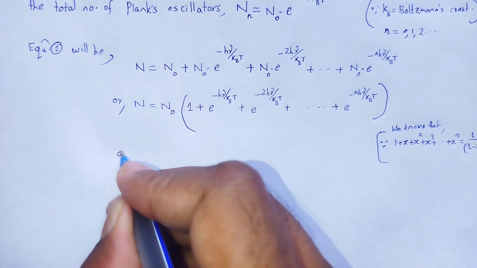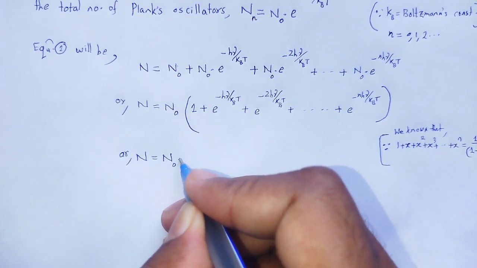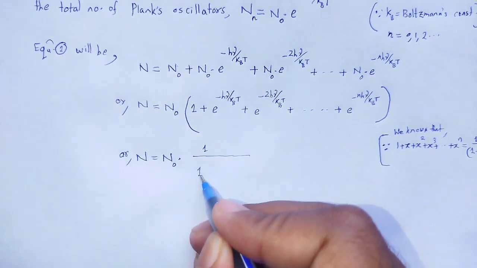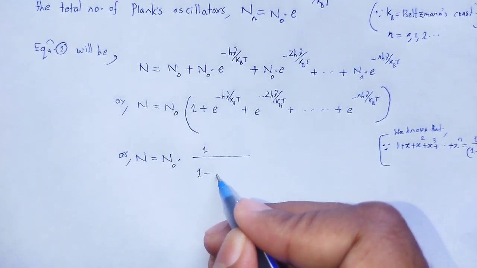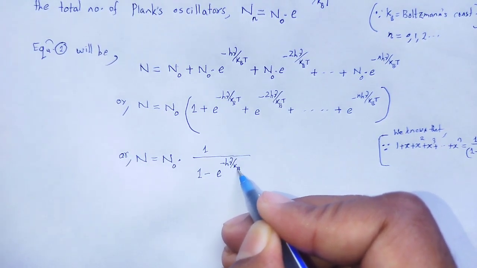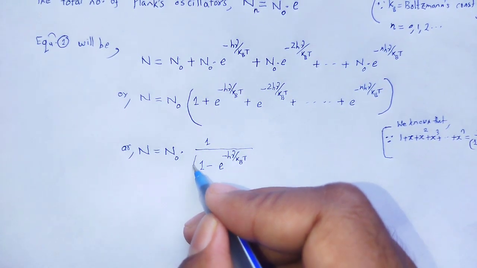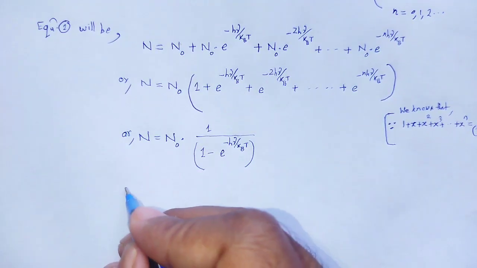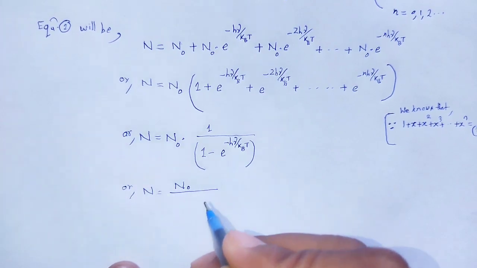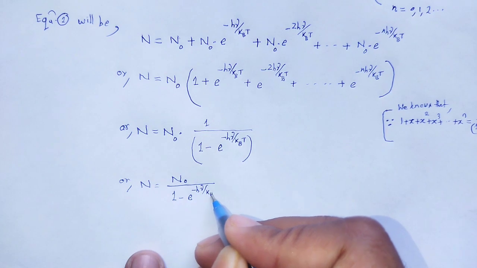Therefore, the expression for n is equal to n0 into its expansion as 1 divided by 1 minus x, as e to the power minus h nu divided by kBT, or n is equal to n0 divided by 1 minus e to the power minus h nu divided by kBT.